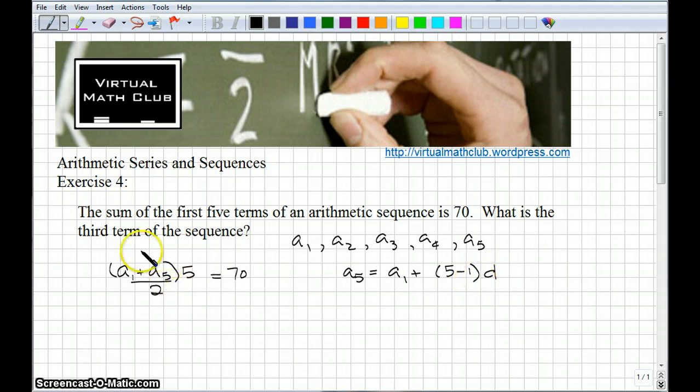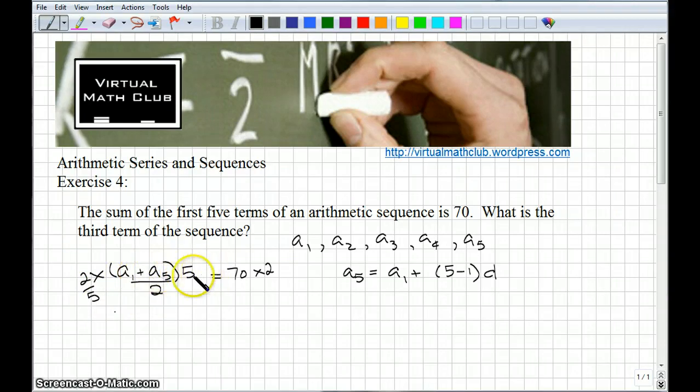I'm going to first of all take this equation here for the sum, and I'm going to rearrange it so that I get rid of these. Let's see. I'm going to multiply both sides by 2, and I'm also going to divide both sides by 5, and that gets rid of this 2 and 5. So I have 5 halves, take it times 2/5, and that makes 1.